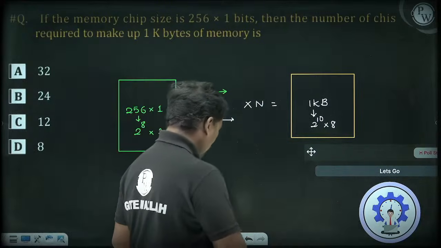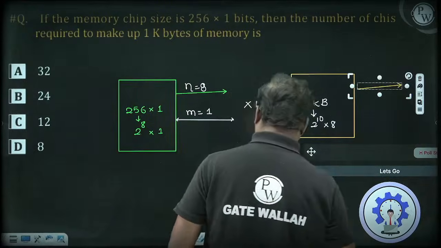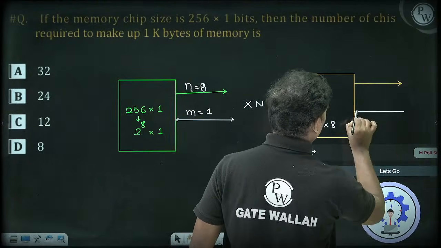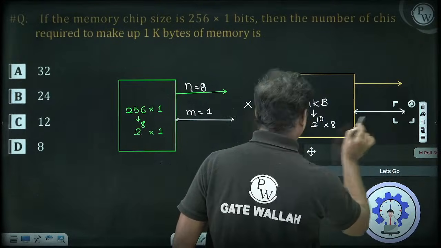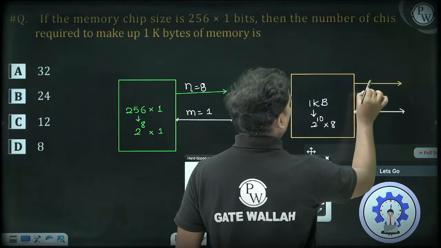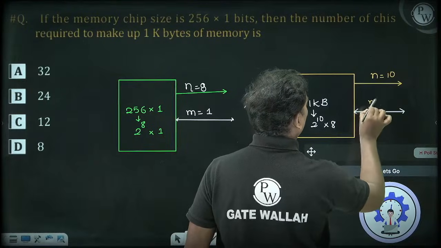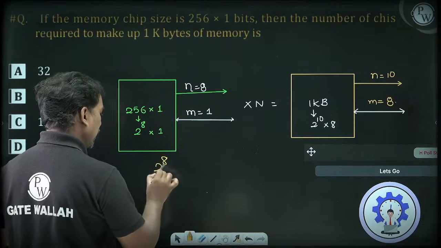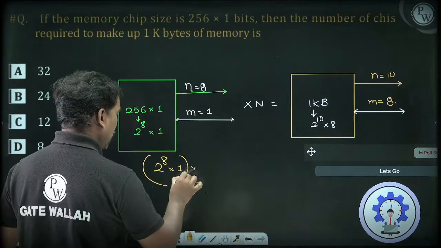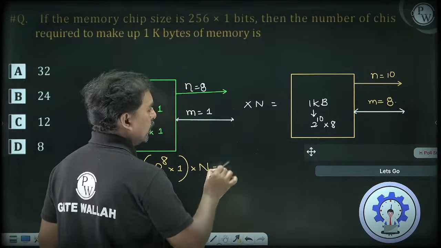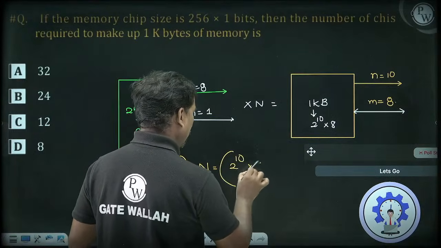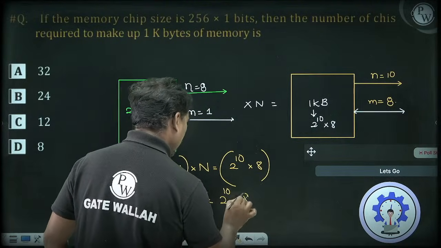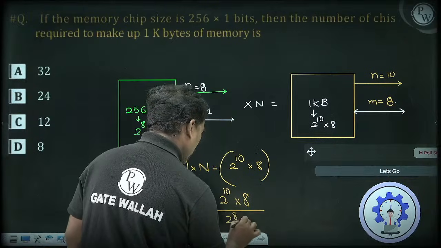So in this situation, the number of address lines and data lines: n is equal to 10, m is equal to 8. How many chips of 2 power 8 into 1 are required to make 2 power 10 into 8? So n is equal to 2 power 10 cross 8 divided by 2 power 8 cross 1.